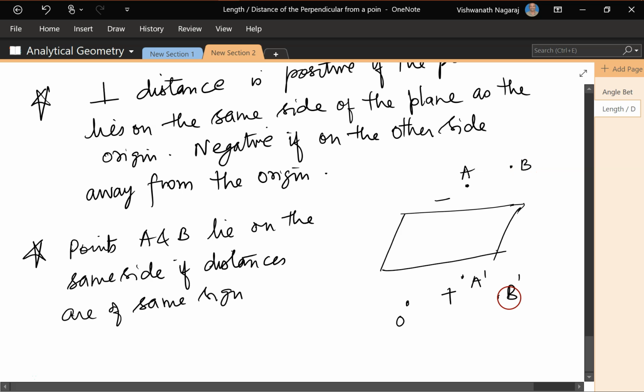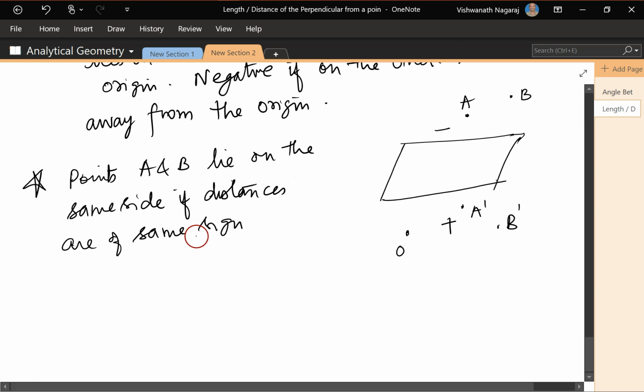Here they both will be positive, so the signs are the same because they are on the same side as the origin. Now if we compare A and B prime, then they are on opposite sides, so one of them will be positive and one of them will be negative. I think you got the idea. Enough for today. Bye for now.